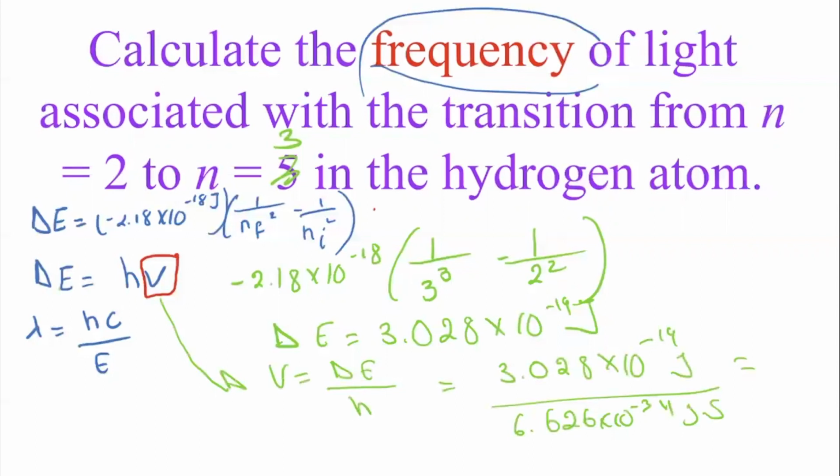And that should give me 4.57 times 10 to the 14 s to the minus 1. And this makes sense because that is the unit of frequency. Take a minute, try to do it by yourself.